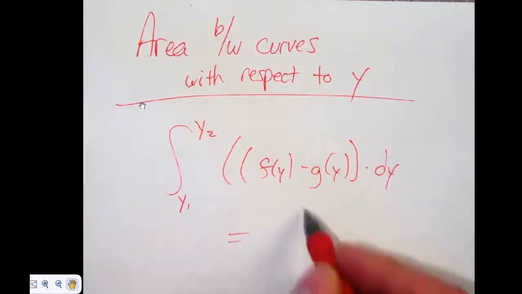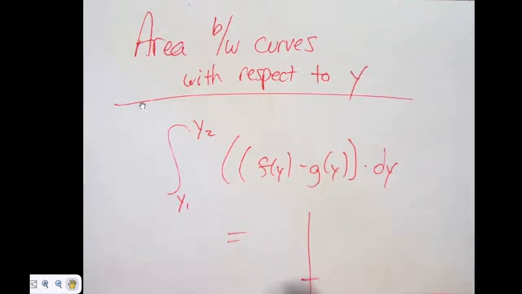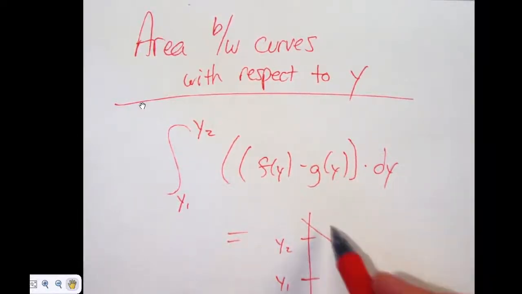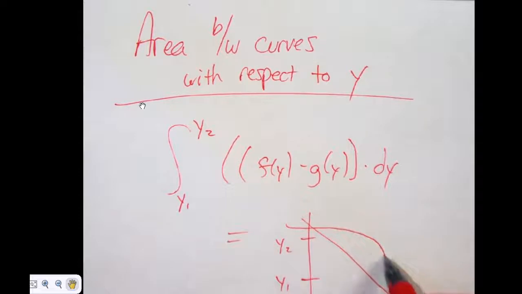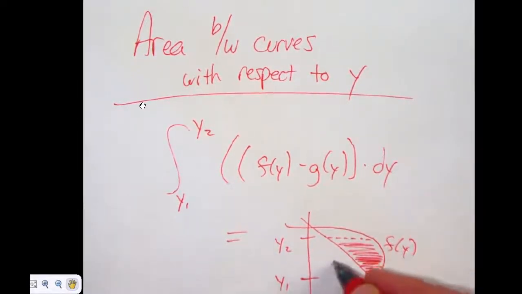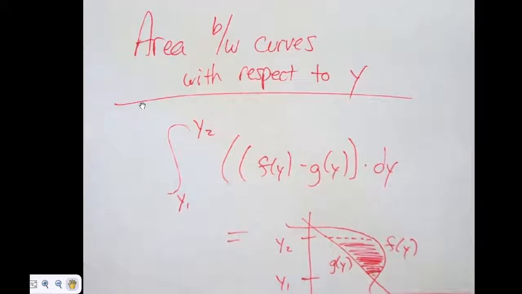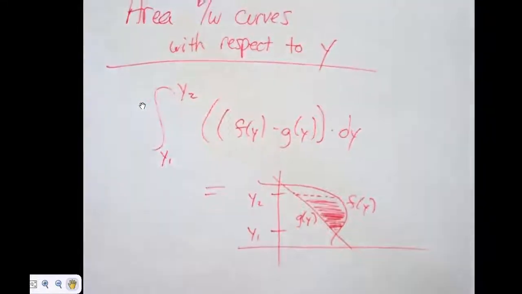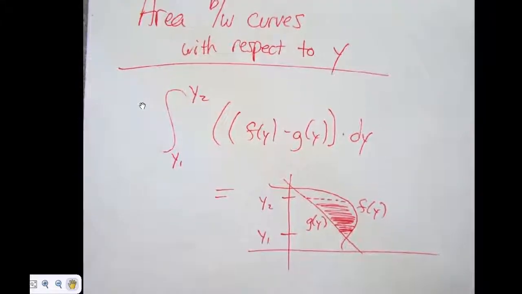And that will give us the area between those two curves from right to left. It's the exact same thing that we were doing before. It's just everything's sideways. And when everything's sideways, everything you do has to be a y value.